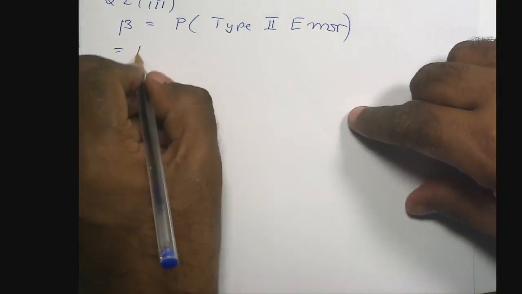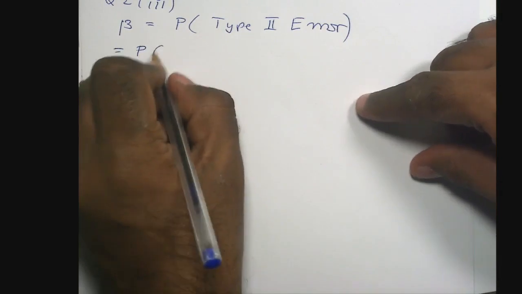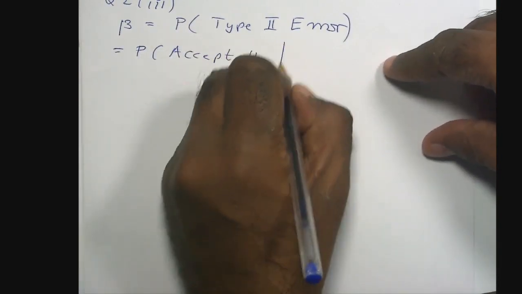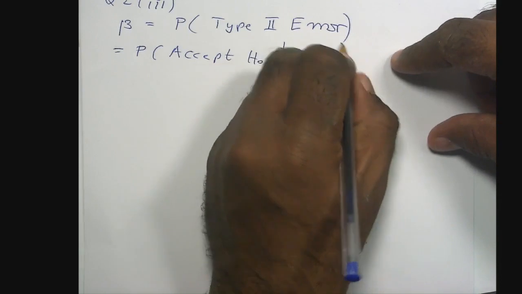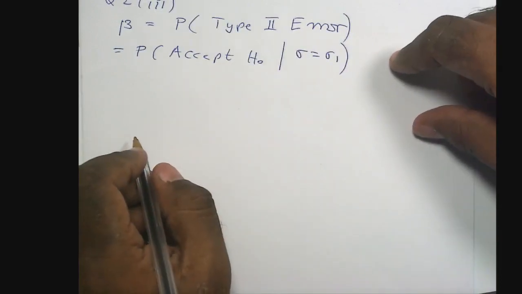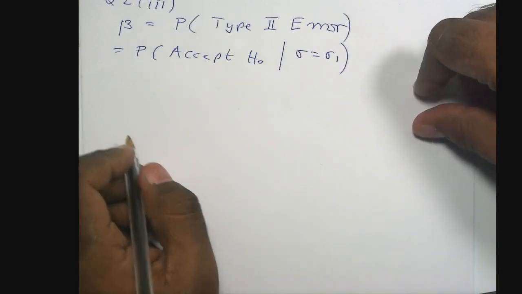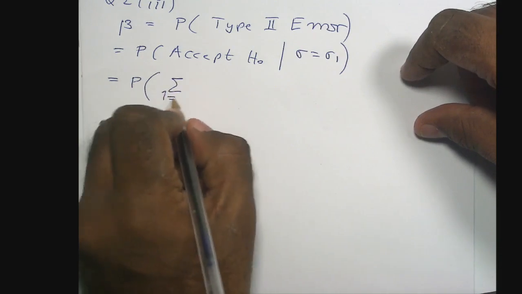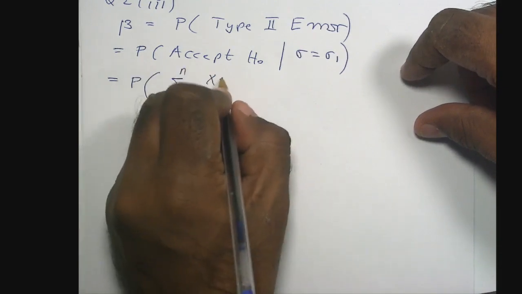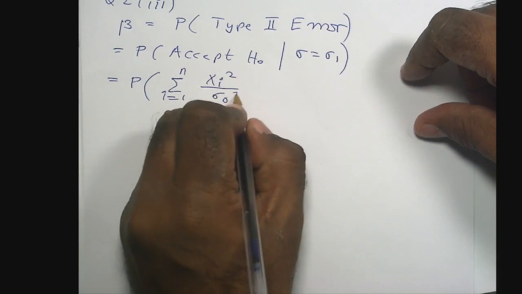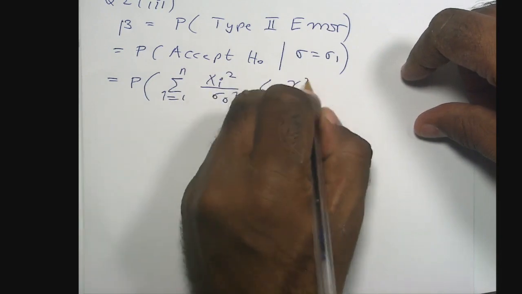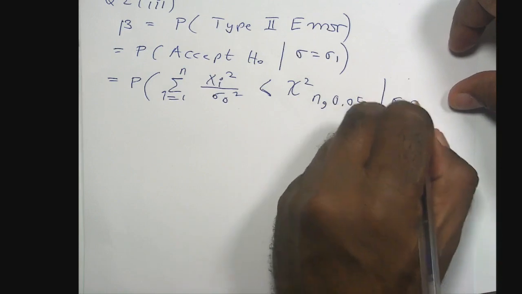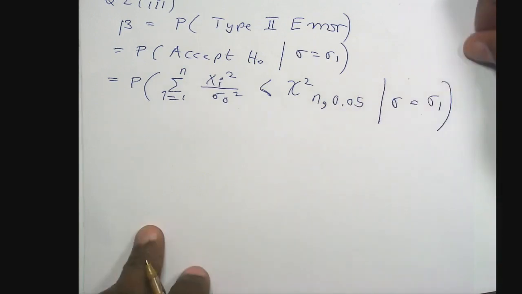And remember, type 2 error is the probability of accepting the null hypothesis when H1 is true, right? Okay, so this is the probability that, alright, this is this, right?